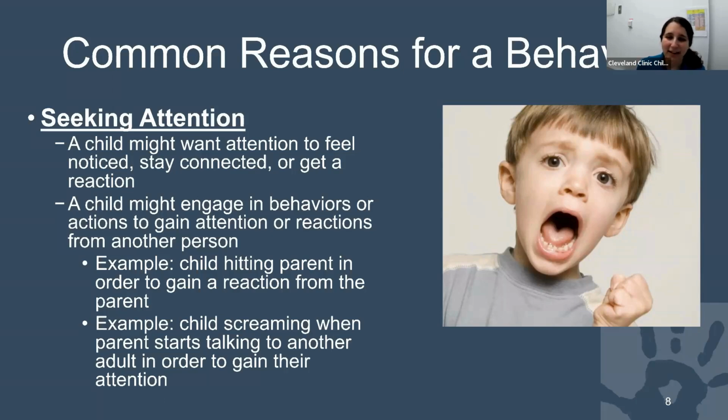And that might look bad. But in reality, the reason why the kiddo acted that way might be because they were seeking attention and therefore they were seeking connection. They wanted to be involved. So a lot of times this again will have a negative connotation, but it's really just a form of trying to be connected with everyone else or obtaining a reaction.